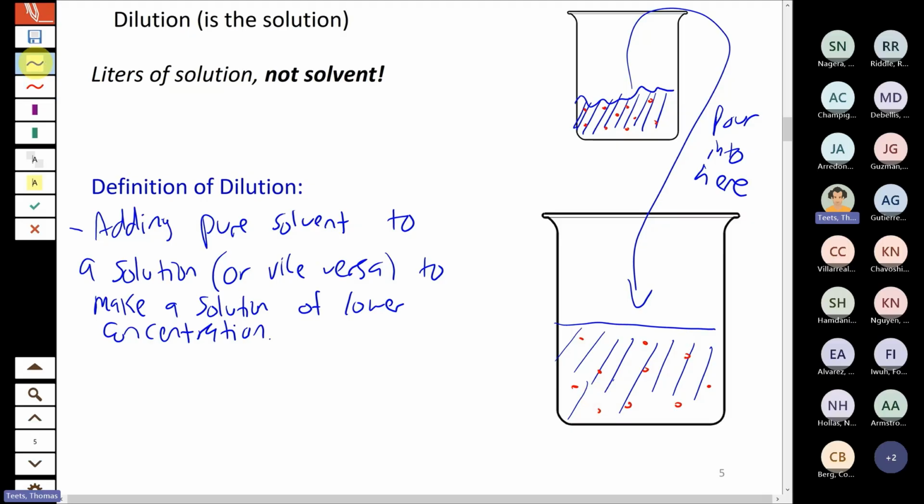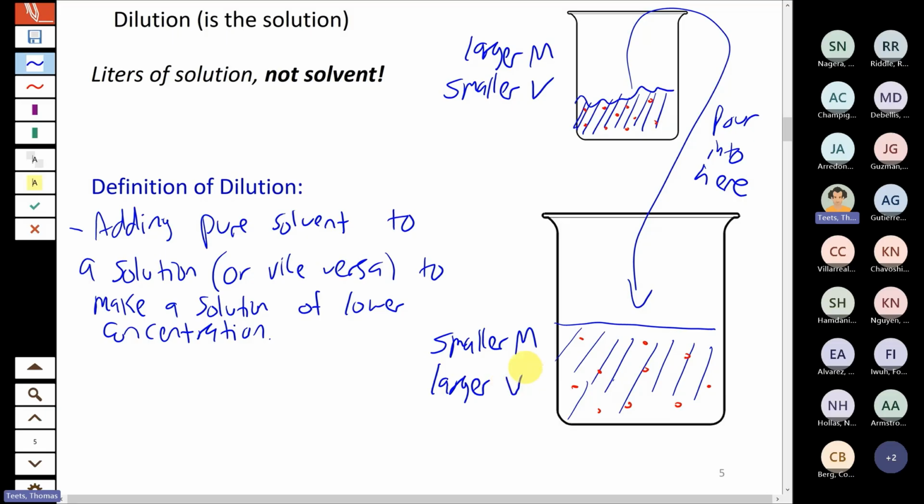So from a qualitative standpoint, your initial solution has a higher concentration, a larger molarity in a smaller volume. And then after you dilute it, you're going to have a smaller molarity with a larger volume. So you have the same number of solute particles.